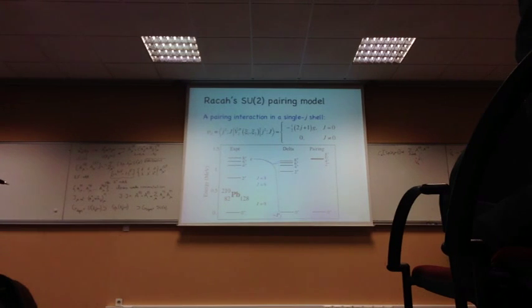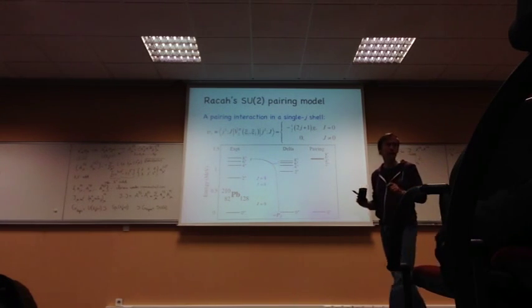For the pairing interaction, you say they're all 0 except one, the one with angular momentum J equal to 0. That's the definition of the pairing interaction. Of course, it's not a general interaction, it's a specific interaction.